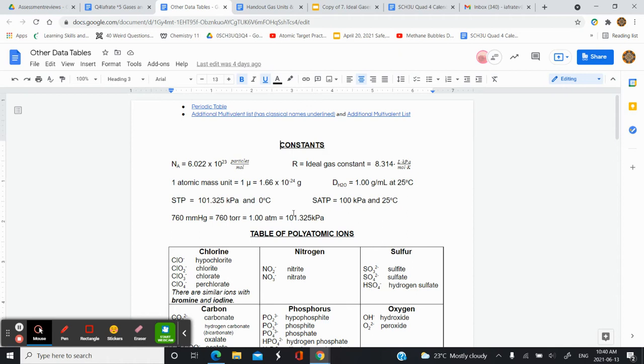And we also have our conversions for pressures. So if you have a pressure that's not in kPa, you can convert to kPa to use your R constant. And then you can also see your STP and SATP are provided to you over here as well, just in case questions provide you with a condition of STP or SATP.